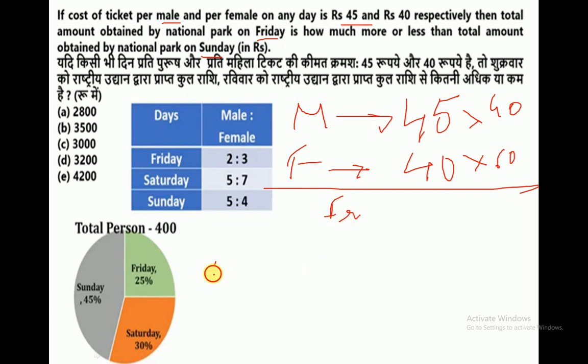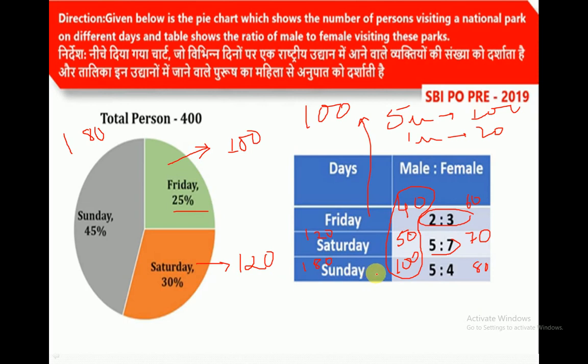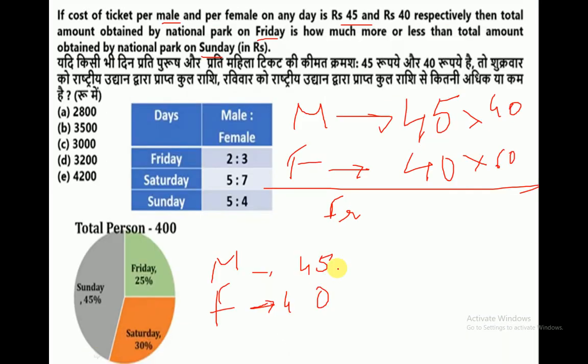And on Sunday, males is 100 and females is 80. So if you calculate this, how much would you get? 45 into 4 is what? 180, and this 0 is for this, and this is 2400.